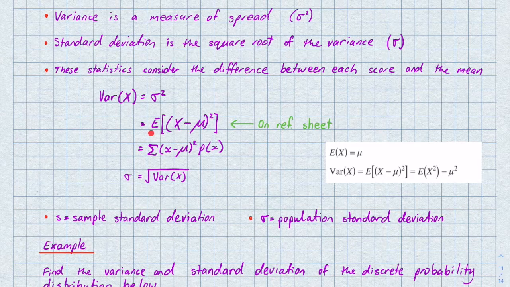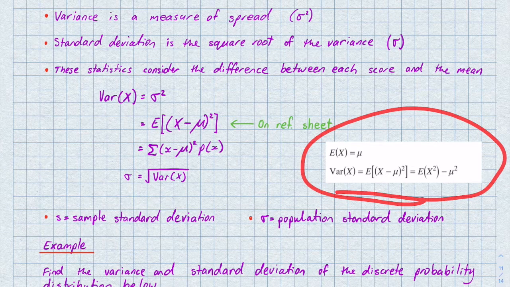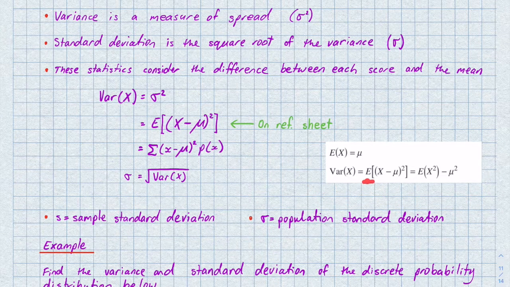Now, when we see expected value, just like in the other exercise, it means to add those things up multiplied by the probability. This is from your reference sheet, and you can see that formula right there. We'll look at the second one in a minute. But the capital E means add up and multiply by probabilities.